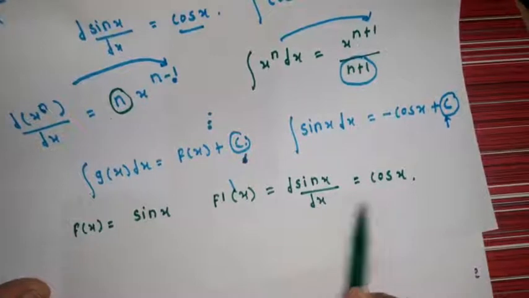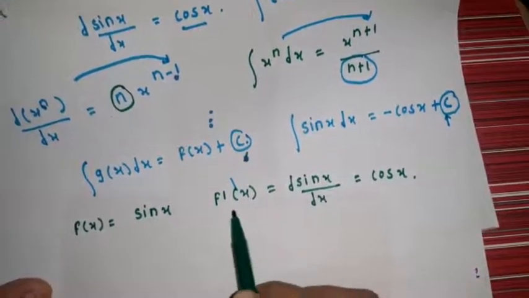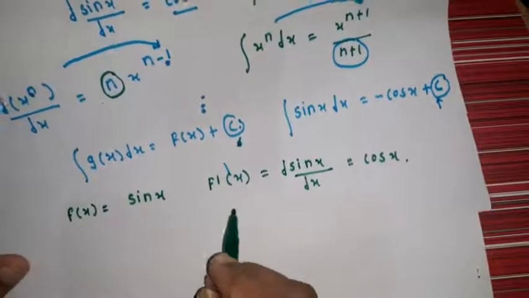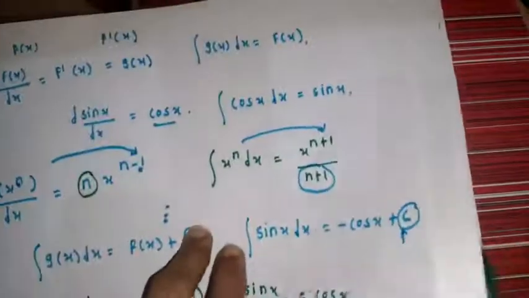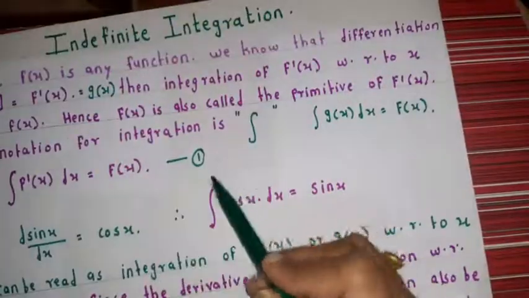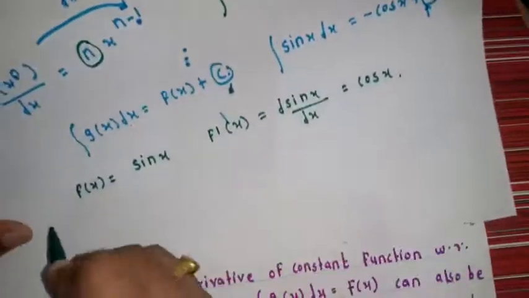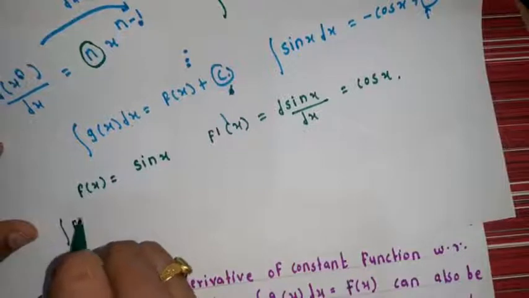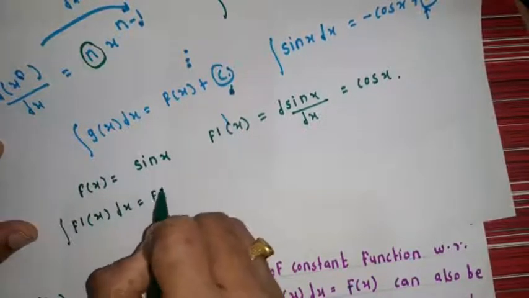Now let us find out the integration of f dash of x according to the definition of integration. I have just explained the definition of integration. According to this definition, the integration of f dash of x with respect to x is f of x.